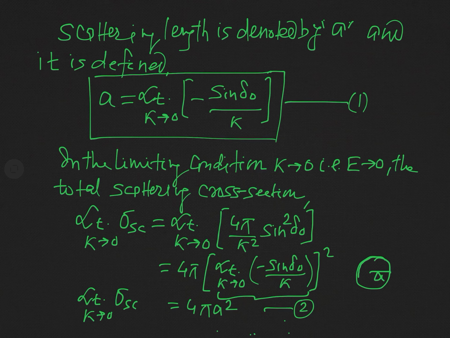If we imagine a sphere of radius A, then the surface area of this sphere of radius A will be equal to 4 pi A square. So we can think that the scattering is just taking place from a hard sphere of radius a. And this fact is indicated by this equation 2.